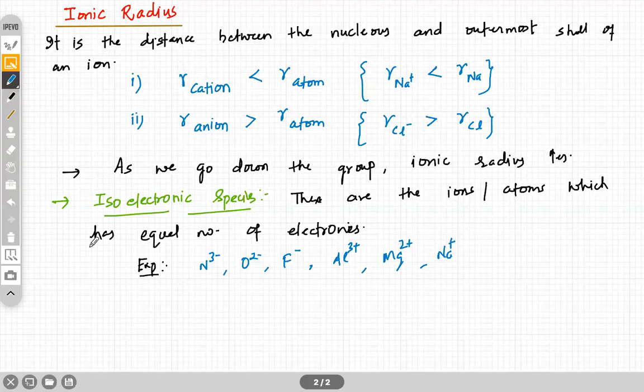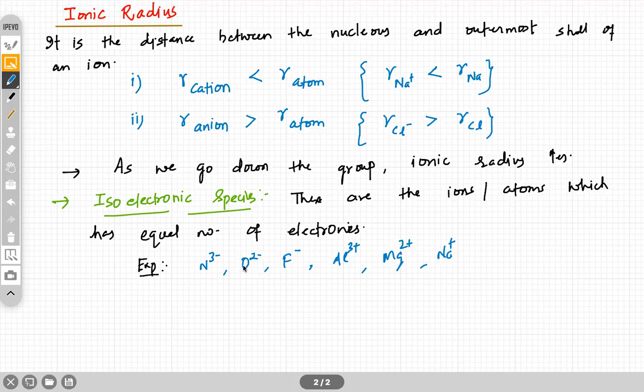Okay, so tell me the number of electrons present in these ions. No, it's not like that, Shitish. If you are adding an electron to the shell, the electronic repulsion is more over there. That's why Cl minus ion will have more radius.